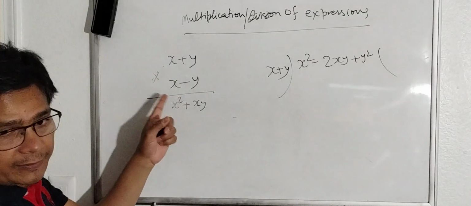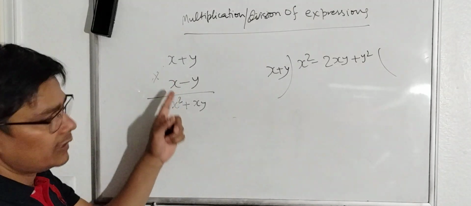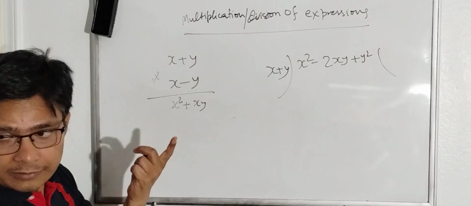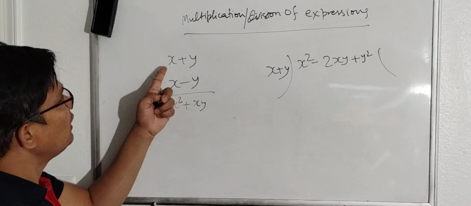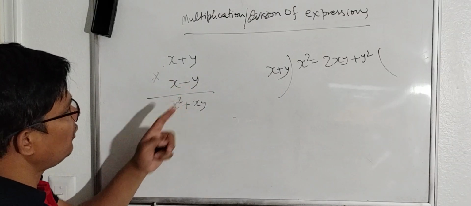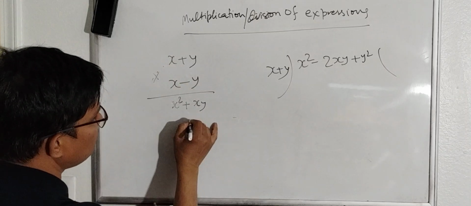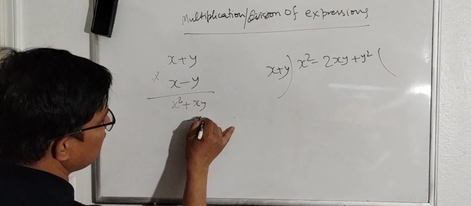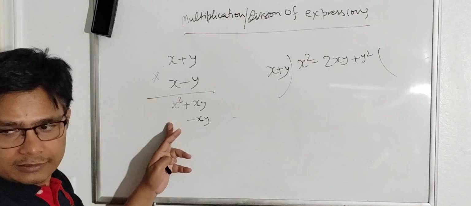Keep in mind you have to look at the sign in front of the variable, or in front of the constant. I'm going to give you another example with a constant, but here one is a plus sign, here is a minus sign. So x times y will be xy, but plus times minus will be minus xy. Look at the board.